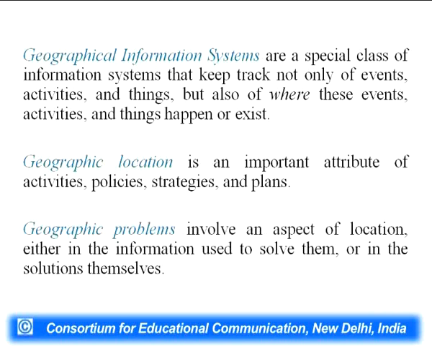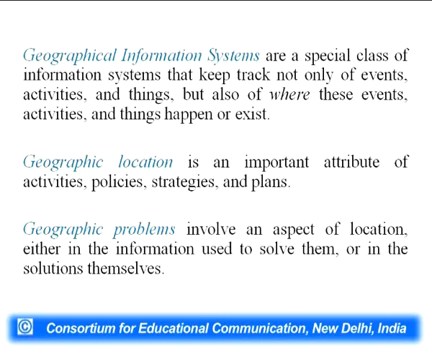Geographical information systems are a special class of information system that keep track not only of events, activities and things, but also of where these events, activities and things happen or exist. Geographic location is an important attribute of activities, policies, strategies and plans. Geographic problems involve an aspect of location, either in the information used to solve them or in the solutions themselves. So here three things are very important.